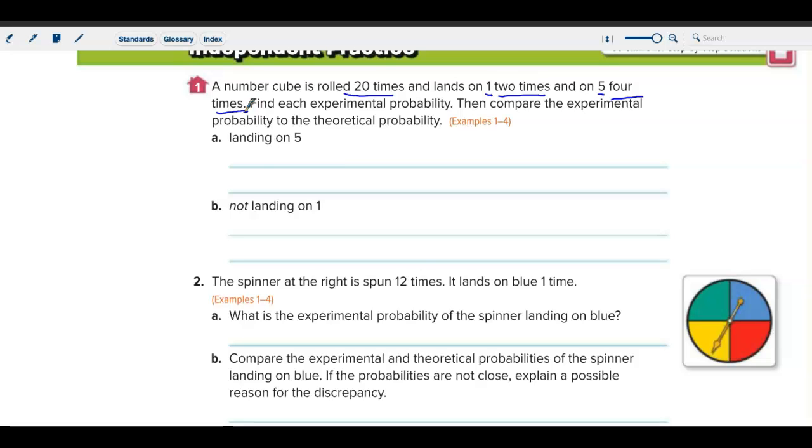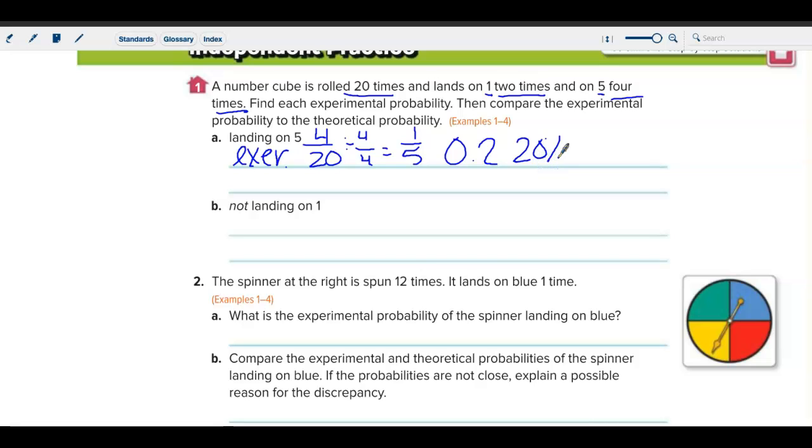Okay, so if we were doing experimental, we would say that we landed on 5 4 out of our 20 times, which is reduced to 1/5, which is the same as 2/10, which is the same as 20%.